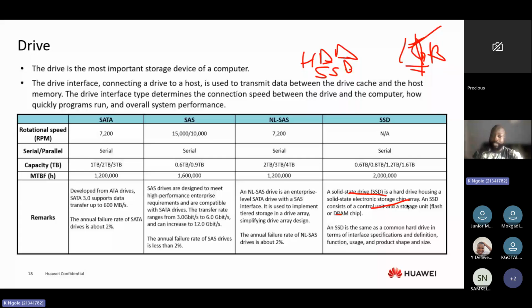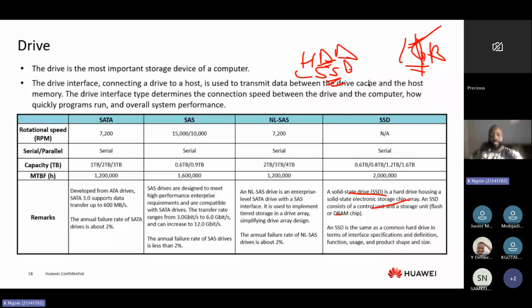If it's built as an SSD, you must understand that it's going to be faster than an HDD. You can find it in laptops and desktops, but the device is going to be more expensive if it has an SSD compared to an HDD.